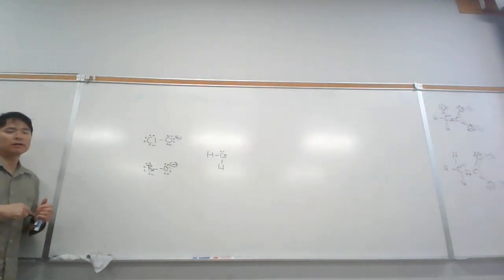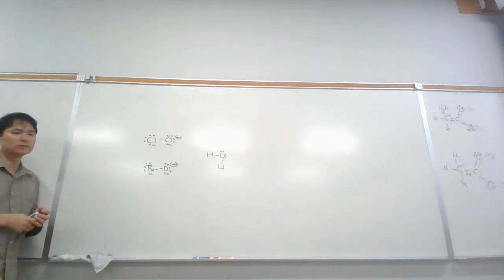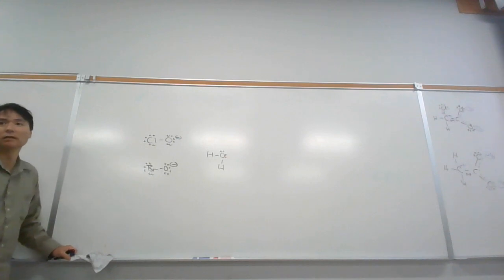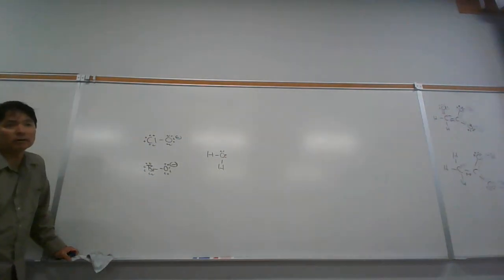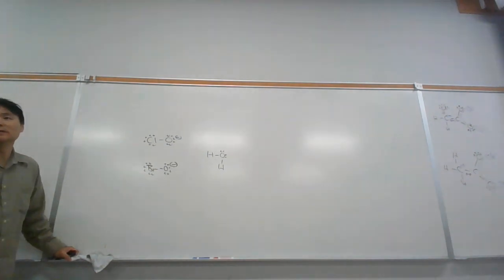So bases follow a different set of criteria. What's the criteria for base? Resonance delocalization. Well, what's the top priority for a base? No, we don't look at bond strength for bases.